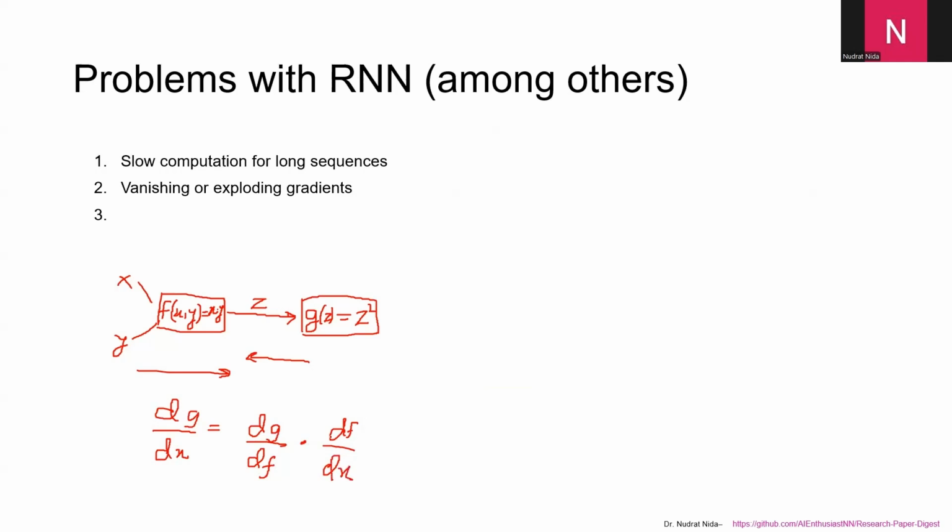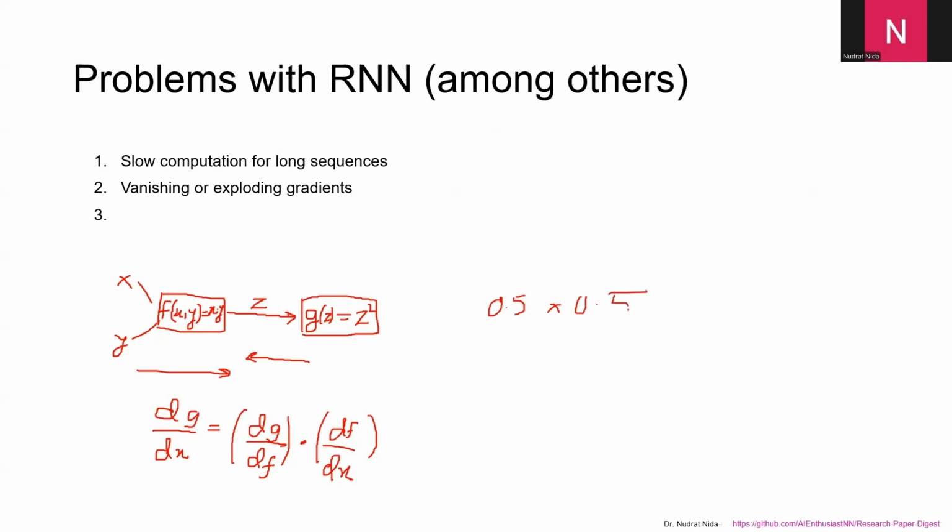So these two terms will be cancelled. Consider this term: if we're trying to compute it, the derivative of g with respect to f is equal to 0.5, and this term, the derivative of f with respect to x, is also 0.5.